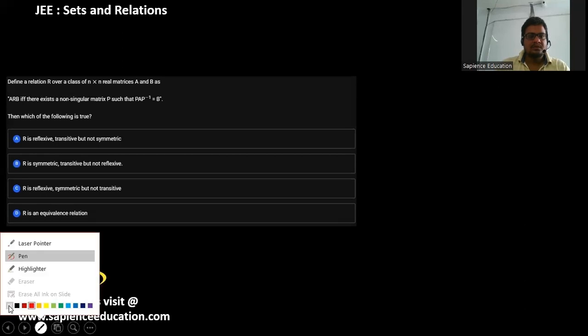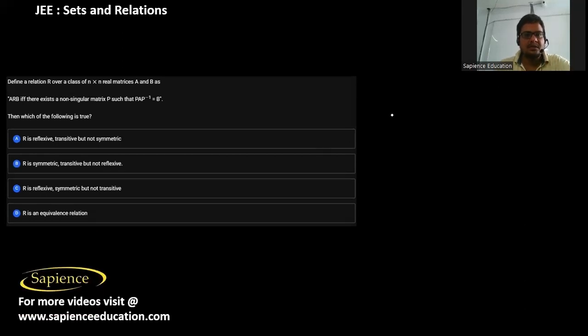So here it is told to define a relation R over a class of n cross n real matrices A and B as A is related to B if and only if there exists a non-singular matrix P such that P A P inverse equals B, where P should be non-singular, meaning the determinant of P should not be equal to 0.